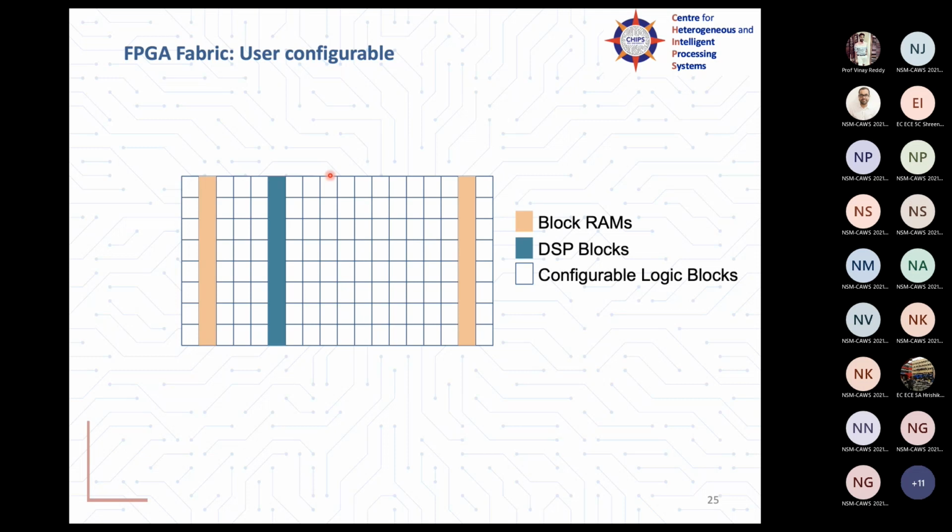Now, let's say I take this fabric and map a processor onto it. It's a configurable fabric, so I can map anything. Let's say I decide to map a VLIW processor on it, just to keep you thinking.